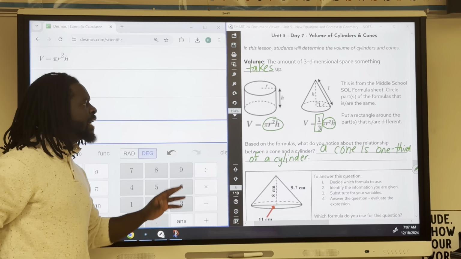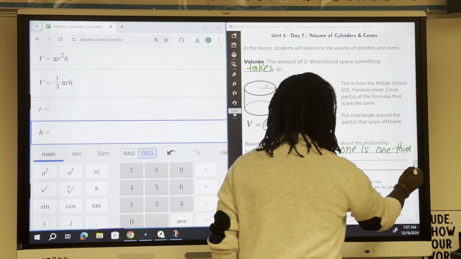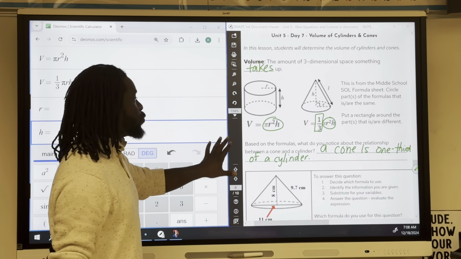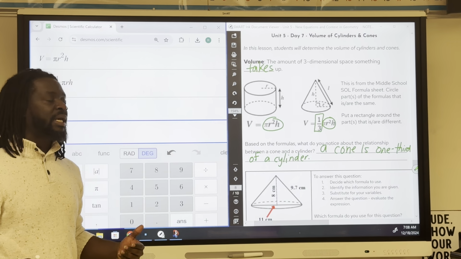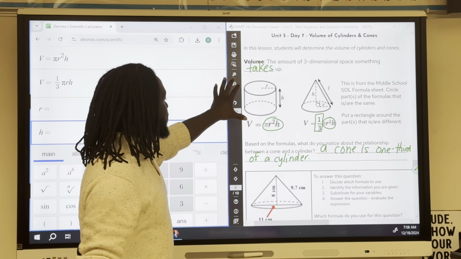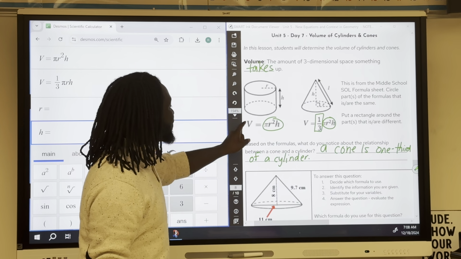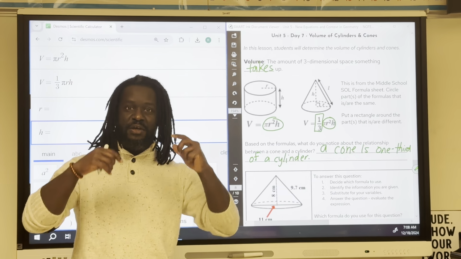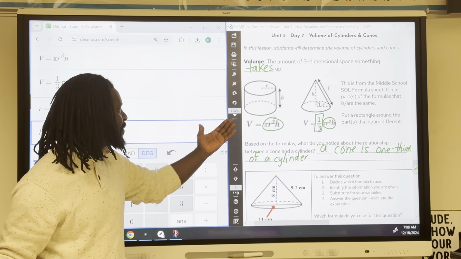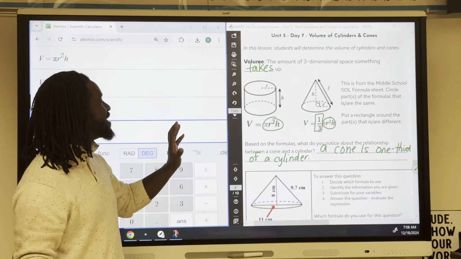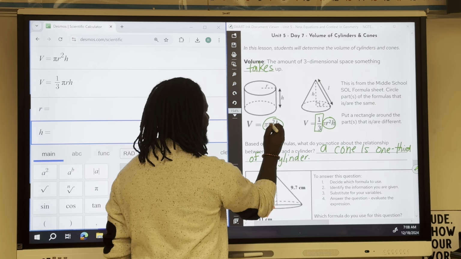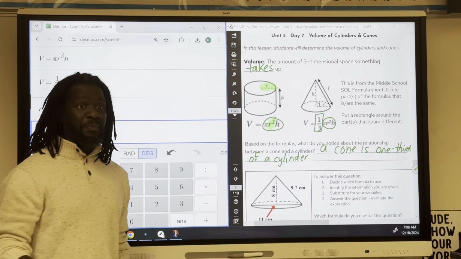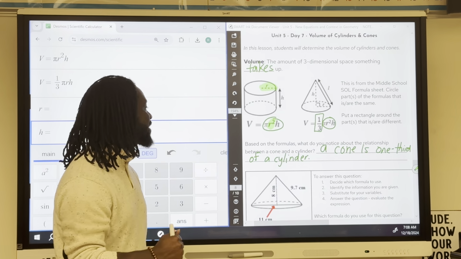The only other thing I want to point out before we get started is, guys, I really need you to understand that when you go to apply these formulas, the formula sheet not only gives you the formula, which is huge. Growing up, I had to memorize these formulas. You don't. You have a formula sheet. But in addition to that, it even shows you the radius, which is labeled there, so please pay attention to that.